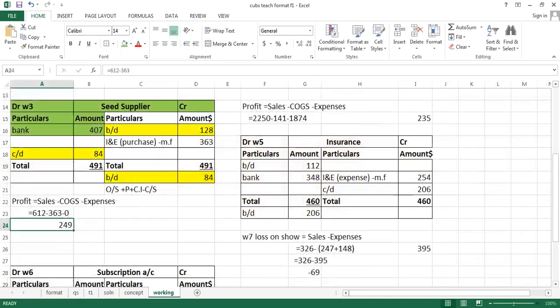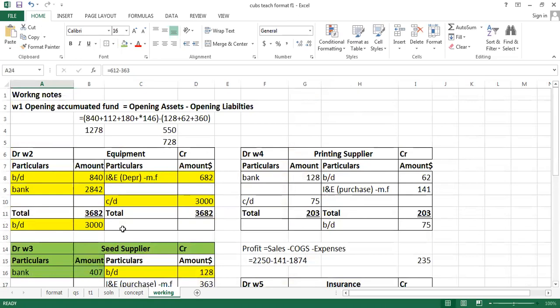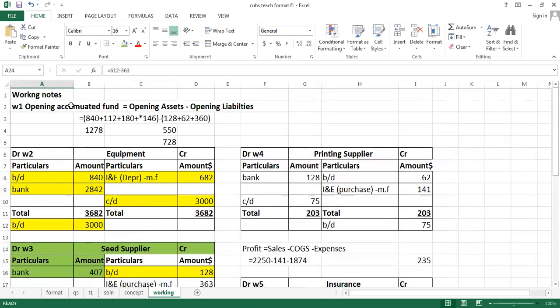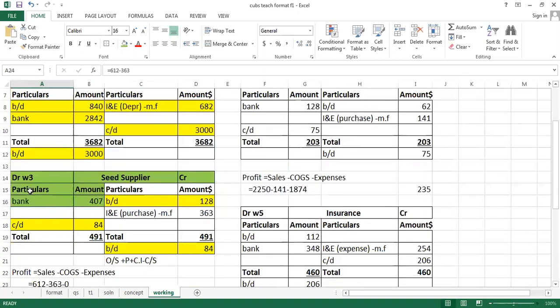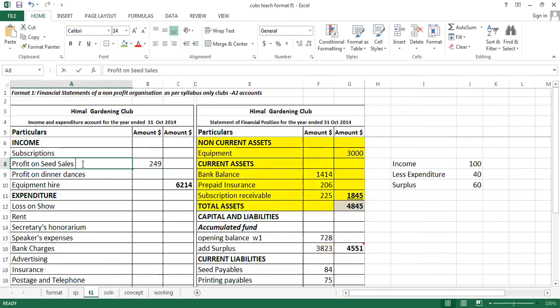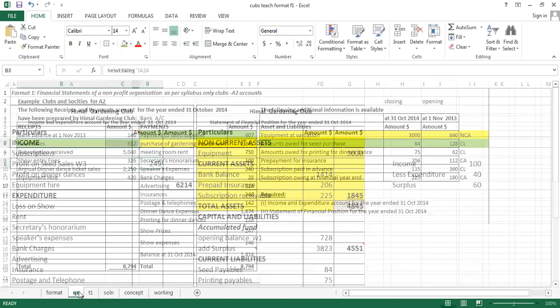Seed supplies I place as 3: equipment 1, opening equipment 1, equipment 2, and then seed supply 3. So this is work note 3. Here you write W3. You need to indicate where you got this from. Okay, that's done. Again, back to the question.